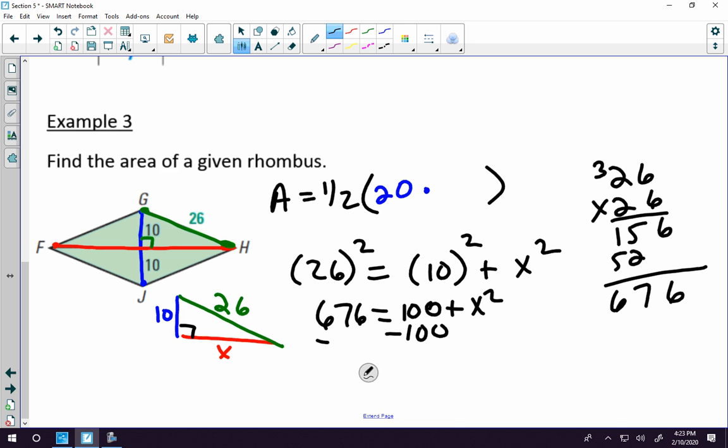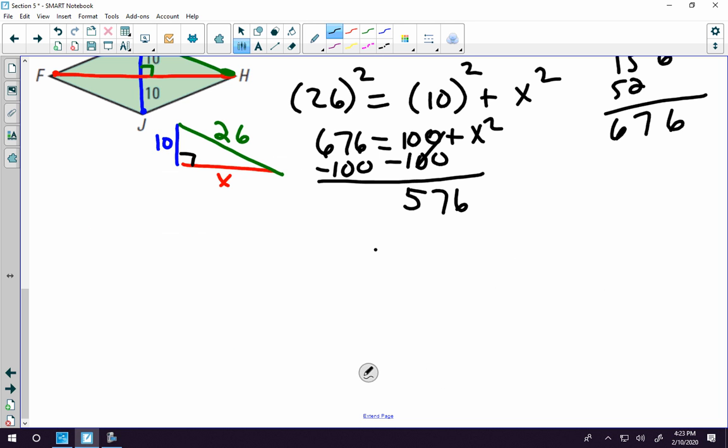Subtract 100 from both sides. So we get 576 equals x squared. Take the square root of both sides. And we get x equals, let's see, it's got to be 20, is it 24?